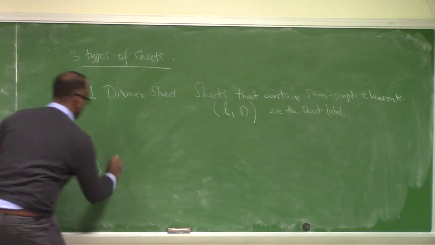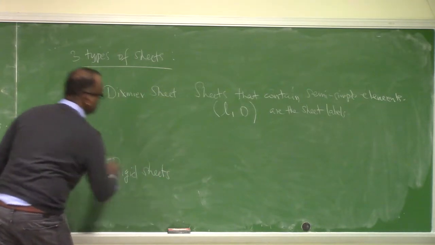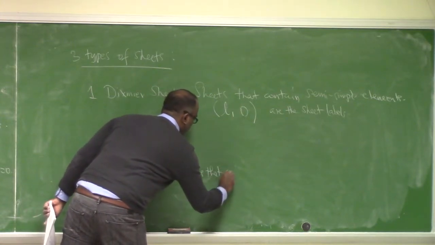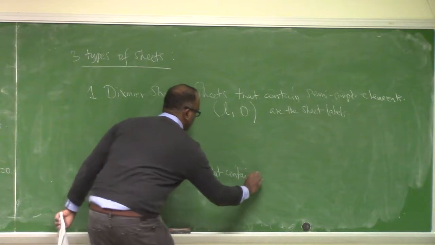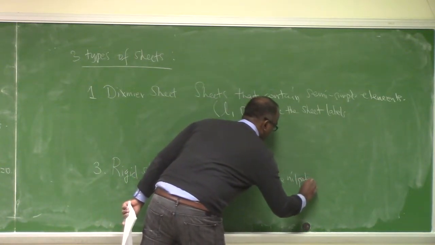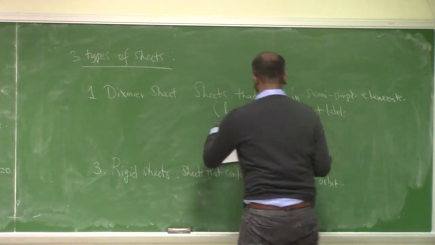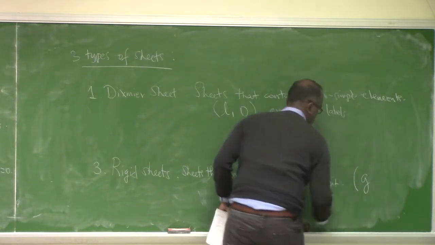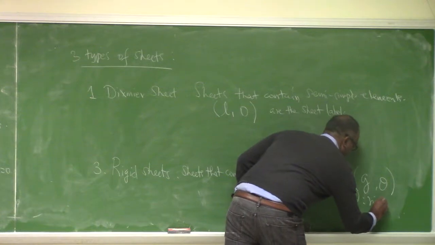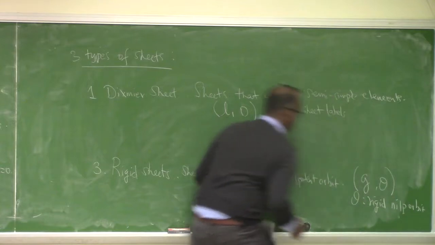At the other extreme end are rigid sheets. These are sheets that contain a single nilpotent orbit. So their label will be of the form G, O, where O is a rigid nilpotent orbit.